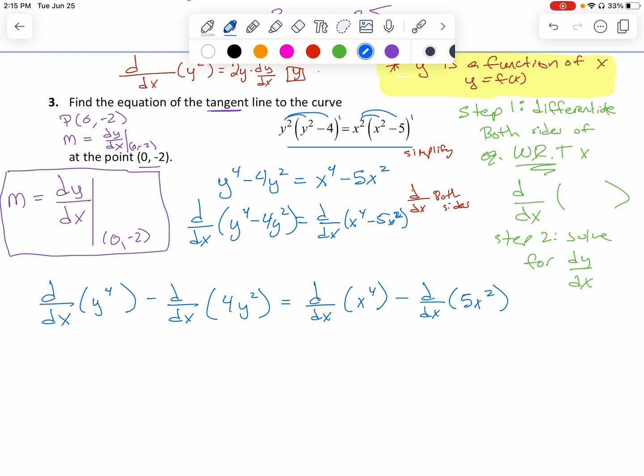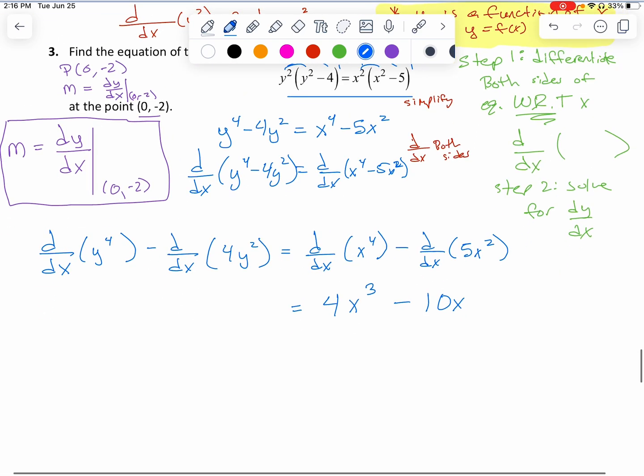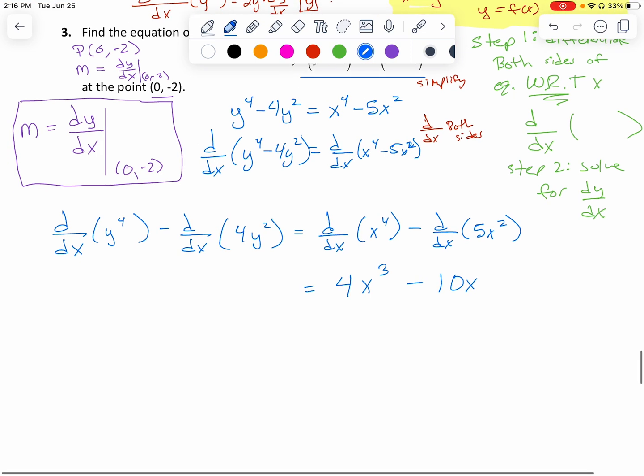All right, the right-hand side is much more direct. Both the functions I have, x to the 4th and 5x squared, are explicitly defined in x. So when I take a derivative with respect to x, that's just going to be 4x cubed and 10x. So the right side's easy. But the left-hand side takes a little bit more thought.